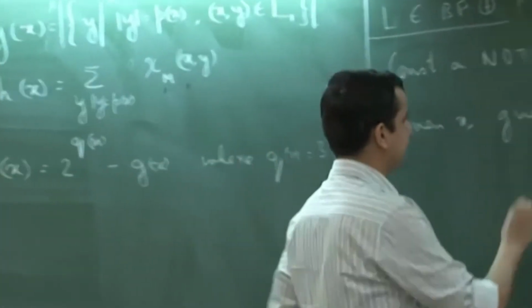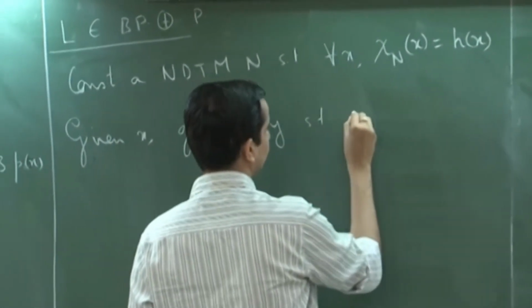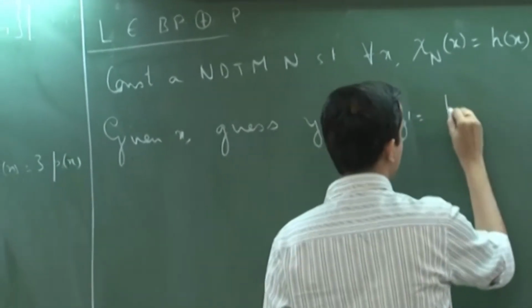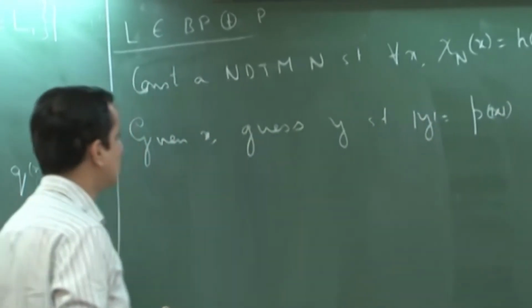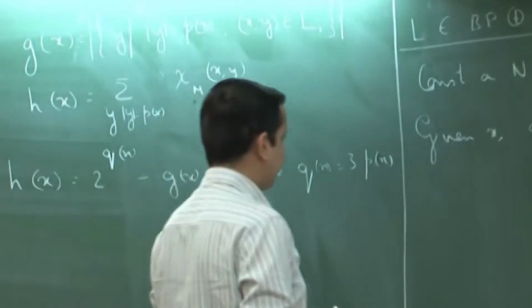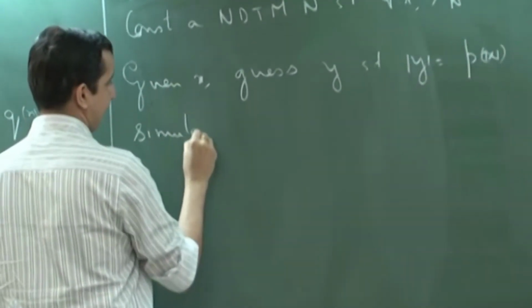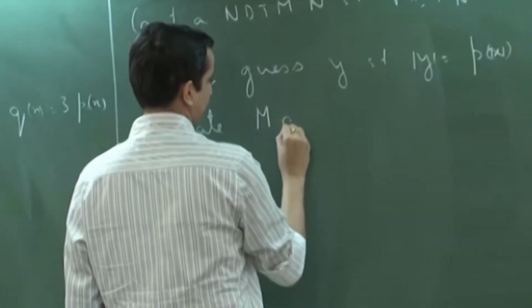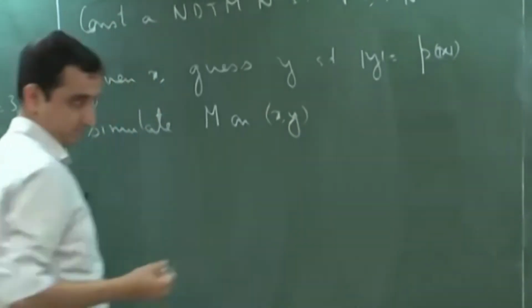So, we guess a y, and then simulate the machine M on x comma y.